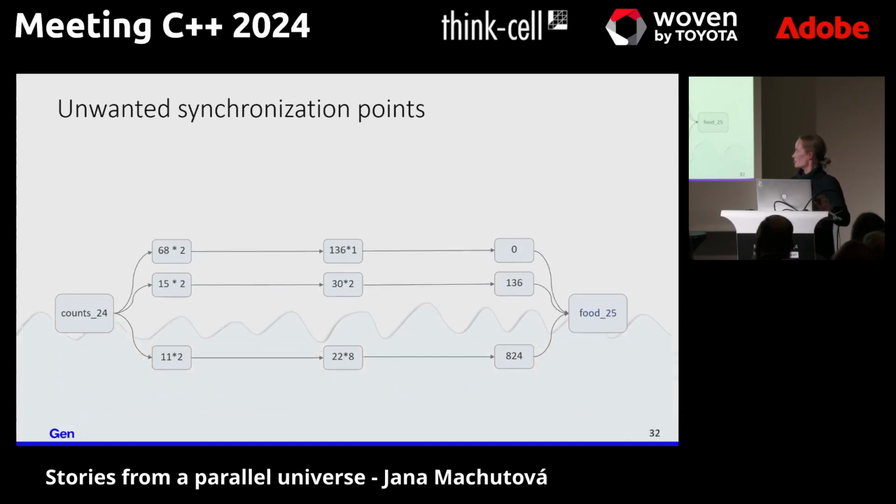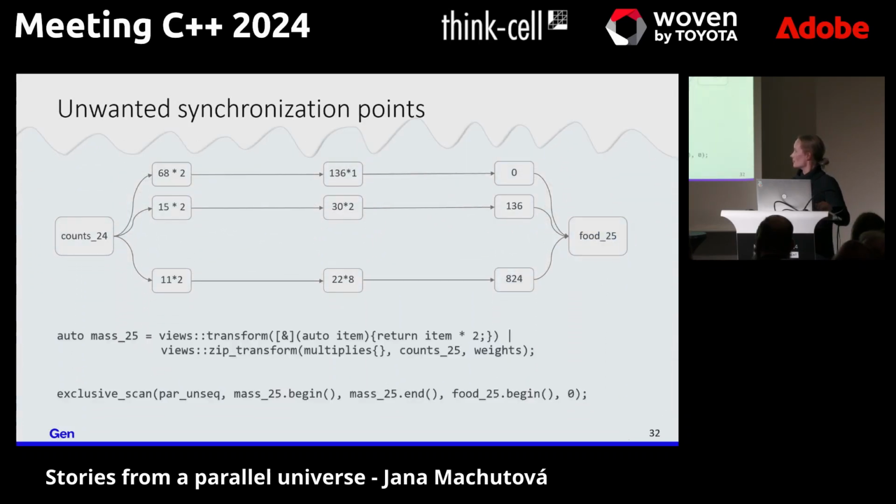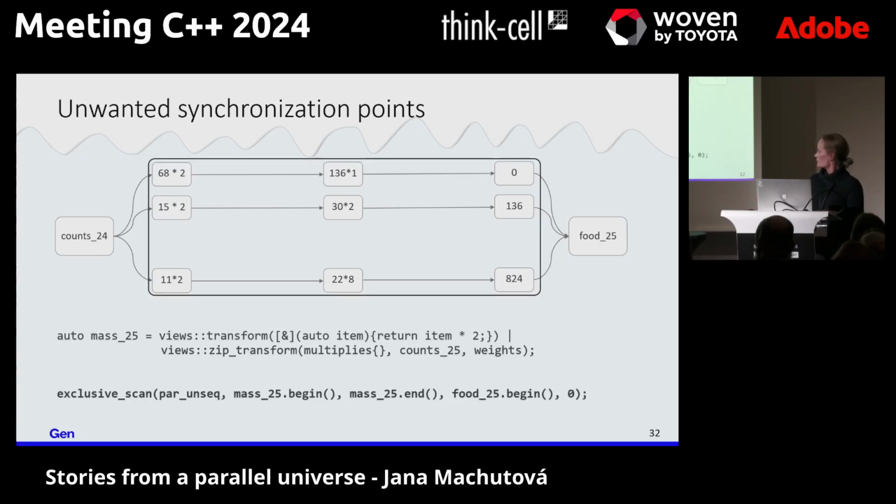You may use one small trick in there, and the trick includes views. Because as you know, if you create a view, it doesn't give you back the vector of items. It gives you just a prescription how to get those values. So if you zip transform, which basically takes 2 vectors with a binary operation over their respective items, you get a view which you can put into that parallel algorithm.